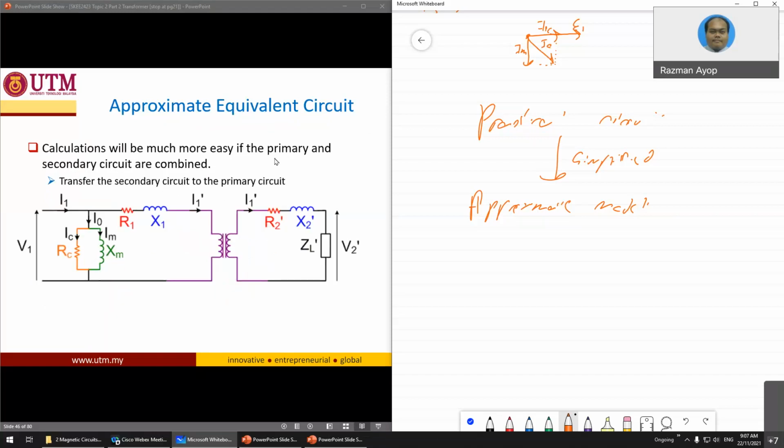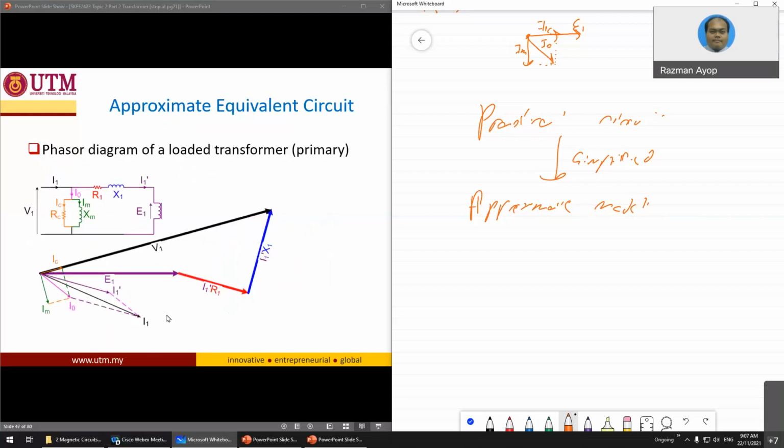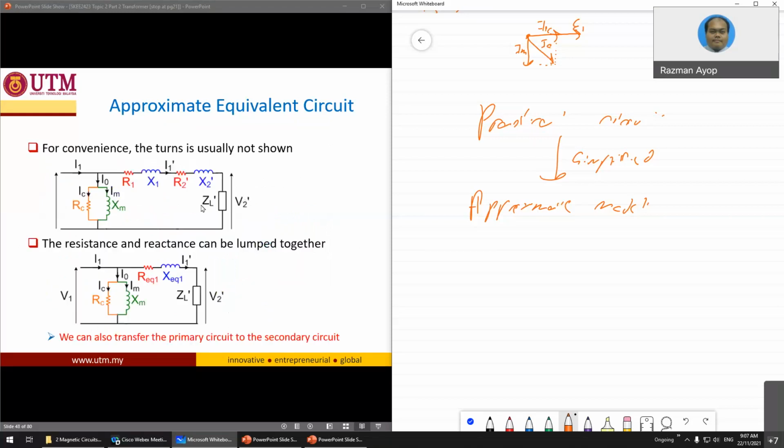So this is the calculation. You can see here, you can move it to the primary side. If you combine this, it will become something like this, so it is easier for you to combine.